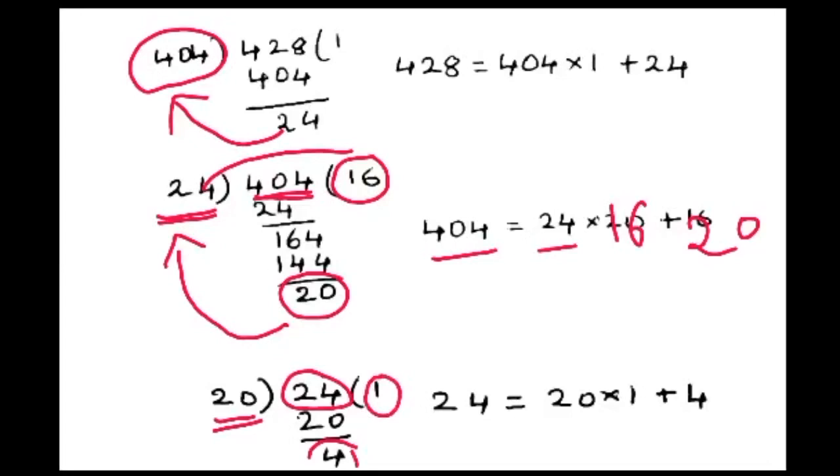So dividend 24 can be written as 20 multiplied by 1, where 20 is the divisor and 1 is the quotient, plus remainder 4.